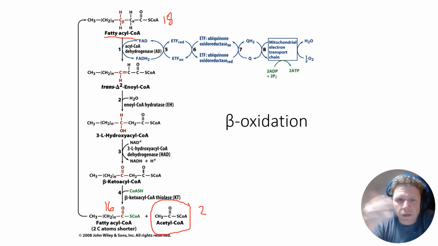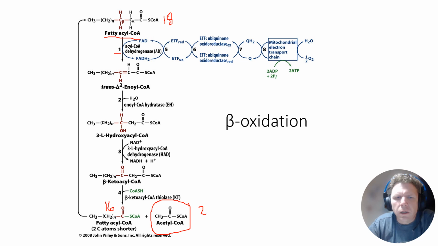Now, in order to get from that starting point to the end, we've got a couple things going on. We're going to do an oxidation reduction reaction with this acyl-CoA dehydrogenase. We're going to insert a double bond, making this trans delta 2 enoyl-CoA. Then we're going to hydrate that by using enoyl-CoA hydratase.